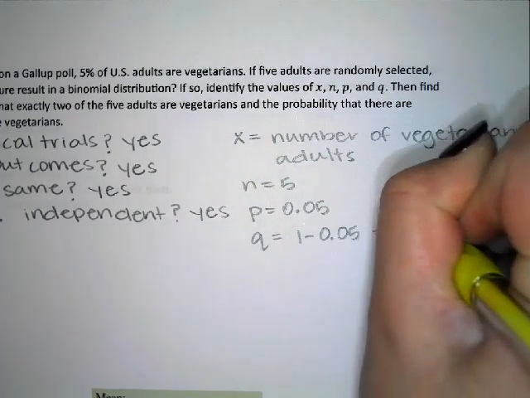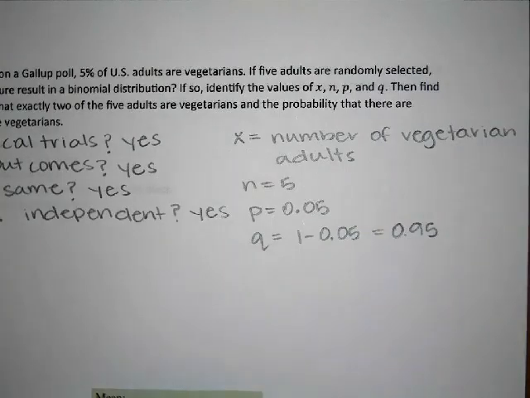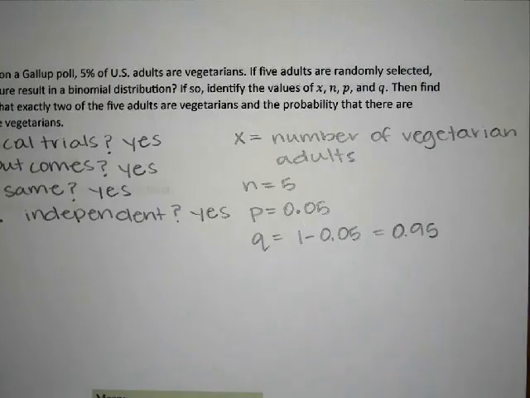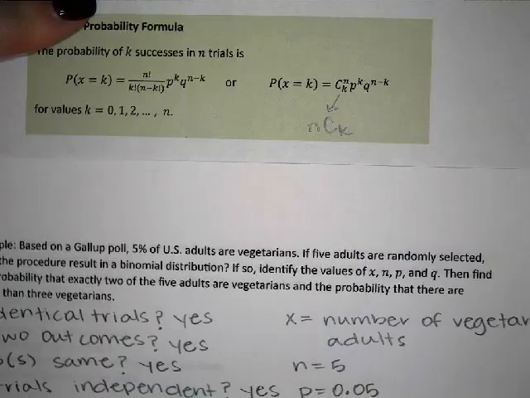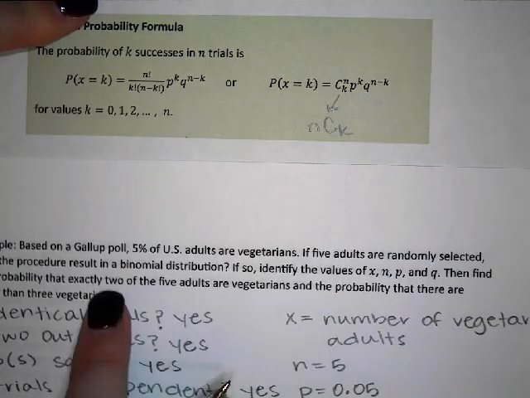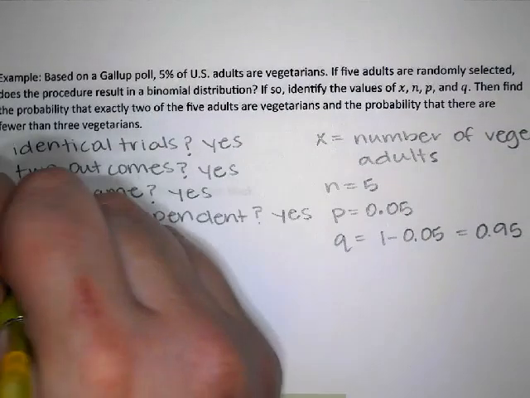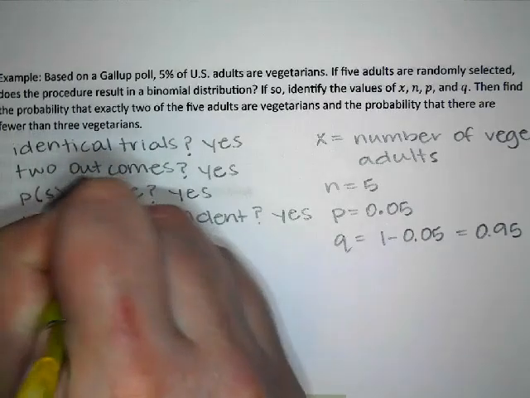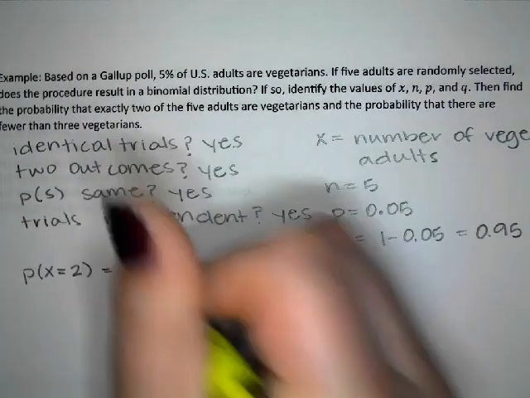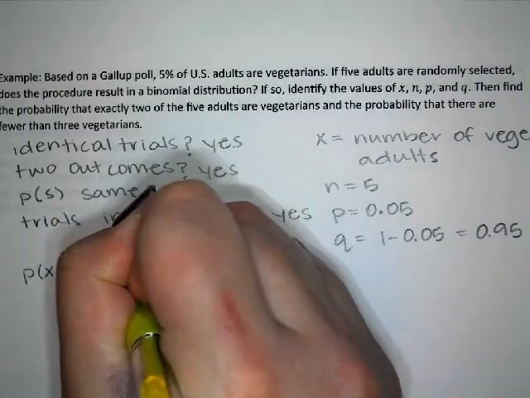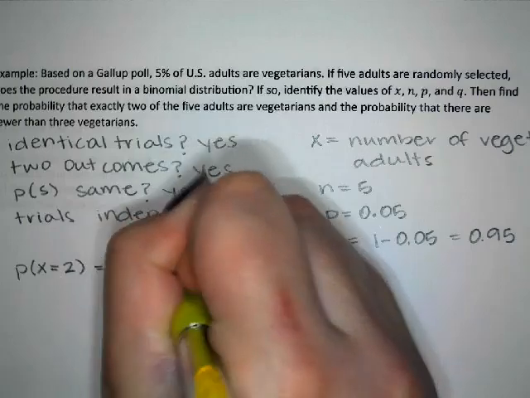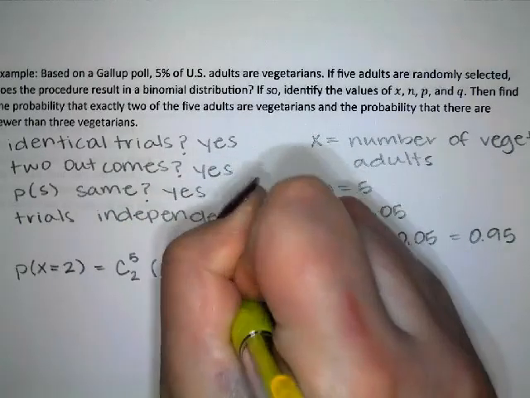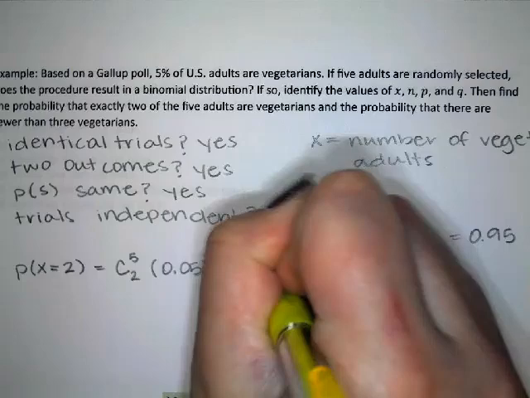Okay, so we're going to go through and use that formula again. I'm going to pull it out so I can see it. So the probability that we have exactly 2 is we're going to have 2 adults out of 5, and then we do the probability raised to the second and the complement of that probability raised to the rest of the people who were not considered successes.